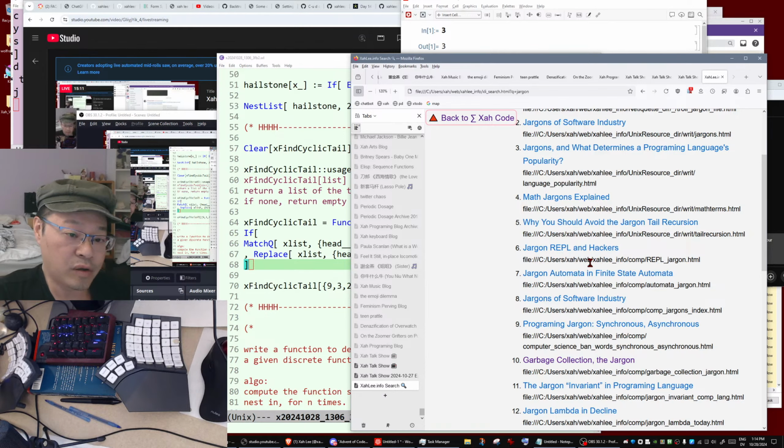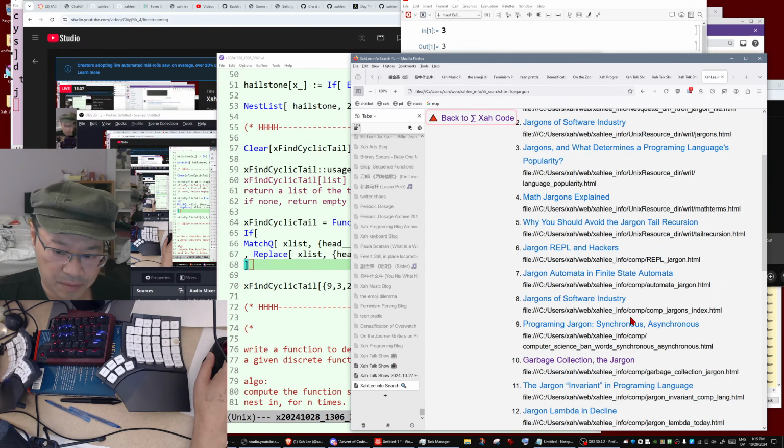For example, OOP, object-oriented programming. Is it a good jargon? Now remember, we are not judging whether OOP itself is a good thing or not. We are judging whether that jargon is a good jargon or not.